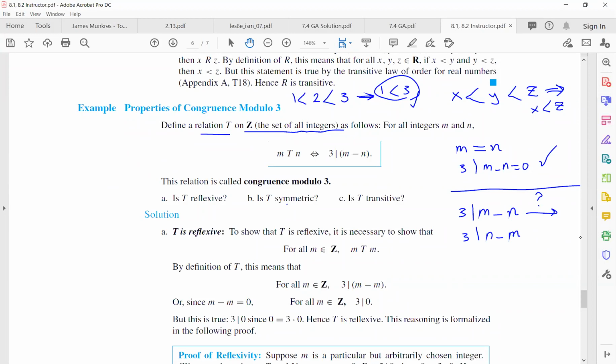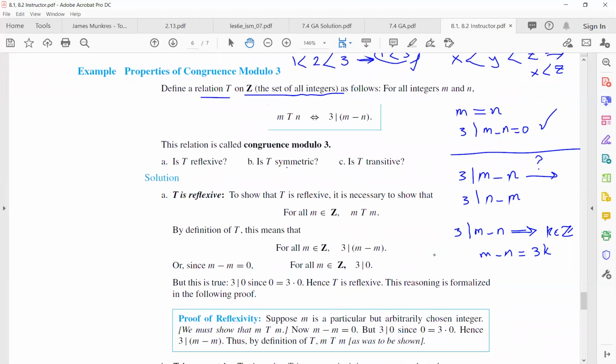But this is easy. Since 3 divides m minus n, you can conclude that m minus n is equal to 3k for k an integer. Now suppose we multiply both sides by a negative sign, you get n minus m equals 3 times a new integer, negative k, which is l. So 3 divides n minus m. So we proved that this relation is symmetric.